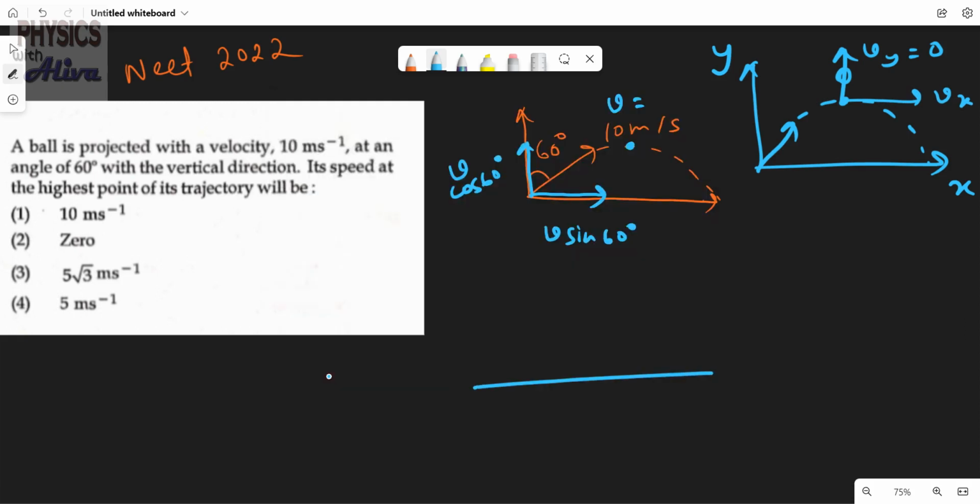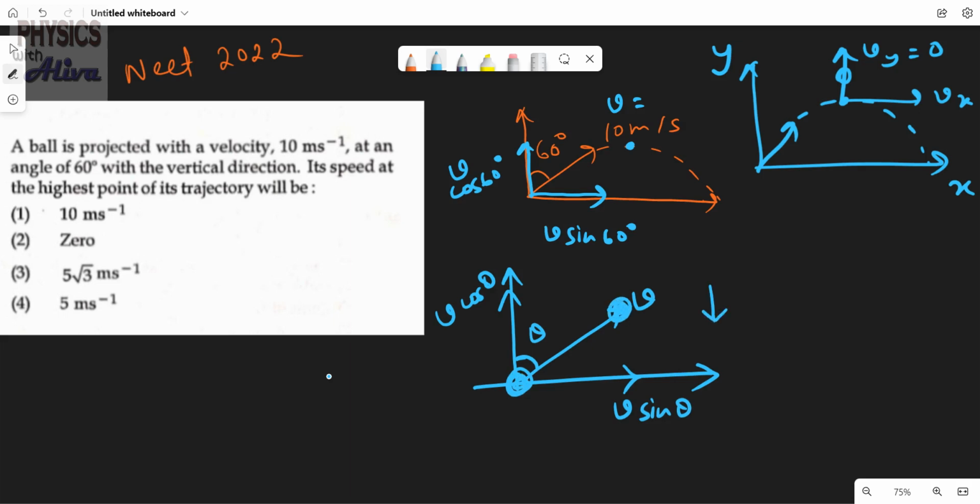When a ball is projected in this direction, there are two components of the velocity. This is v cos theta and this horizontal component is v sin theta. But we know on the ball only a vertical force is acting. What is the force?